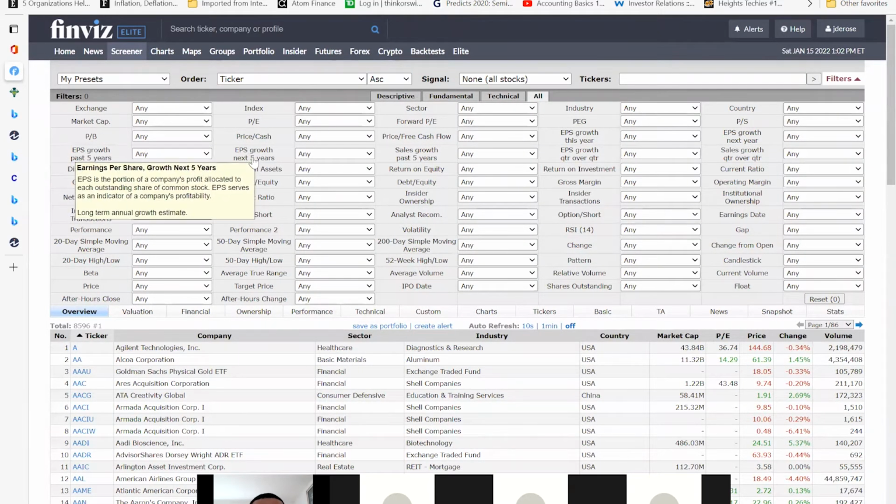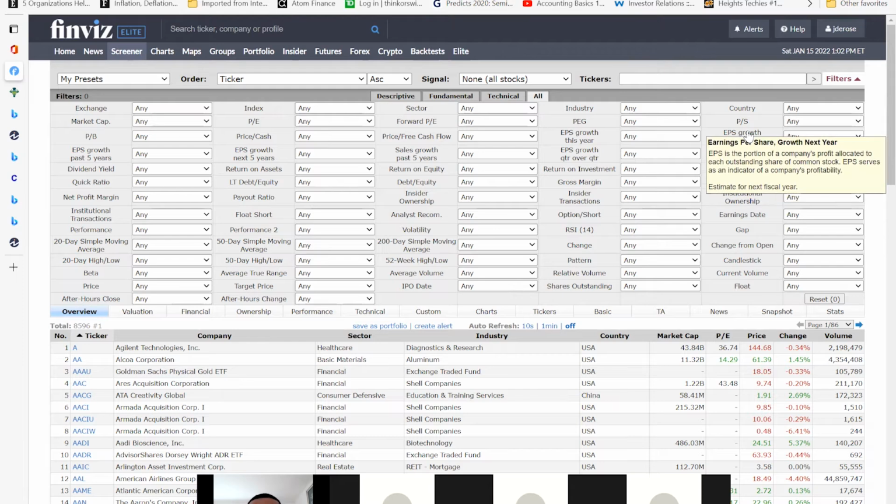You see earnings per share growth the next 5 years, sales growth past 5 years, sales growth quarter over quarter, earnings per share growth next year. I wish they gave us the expected sales growth over the next 5 years, but they don't. But you do get growth rates in the stock screener on FinViz.